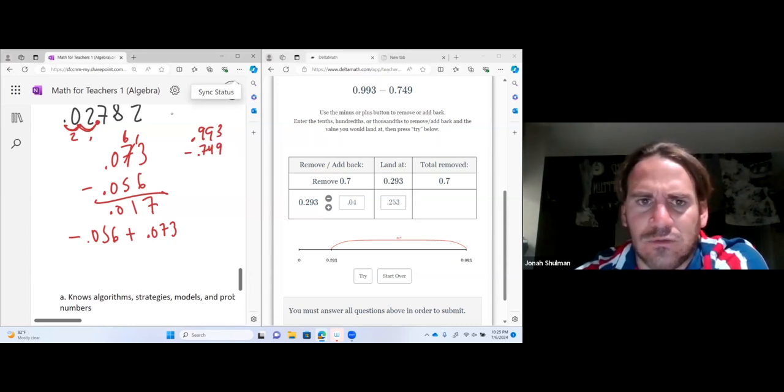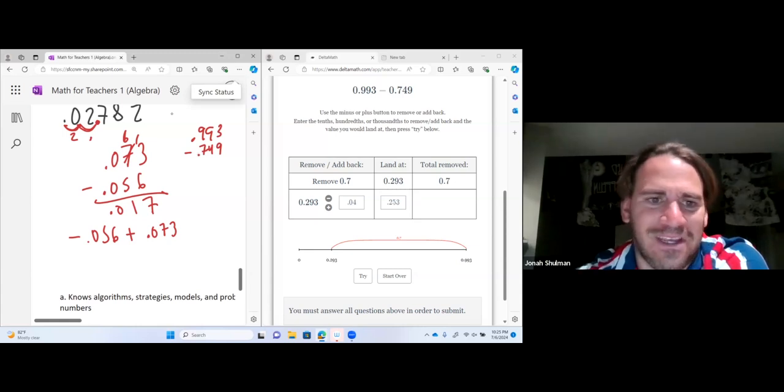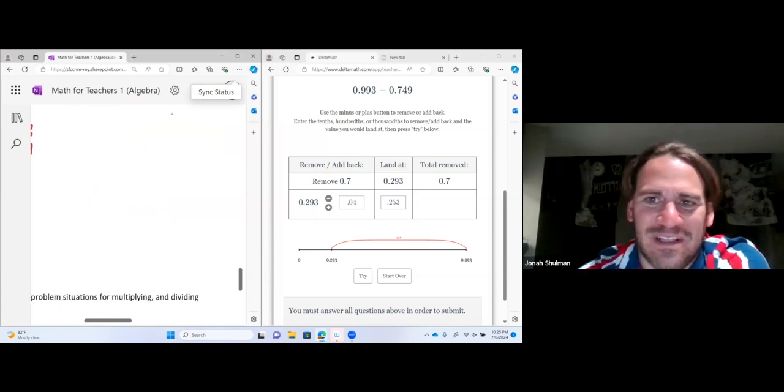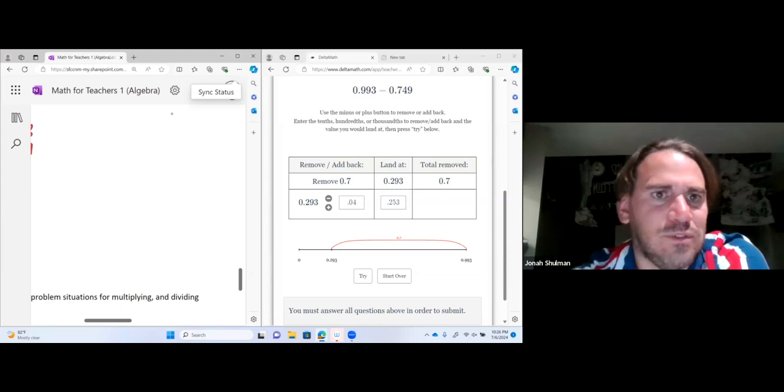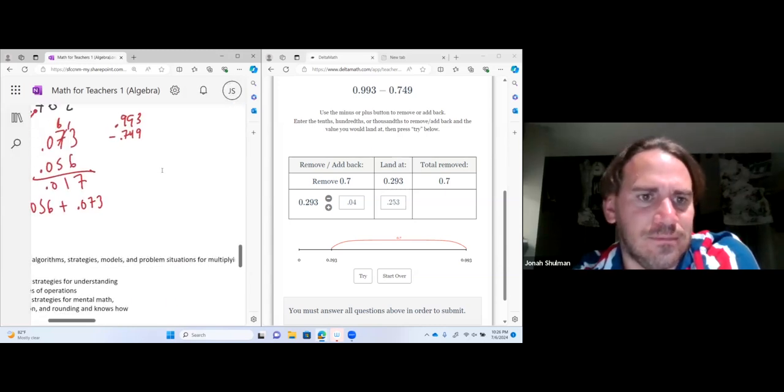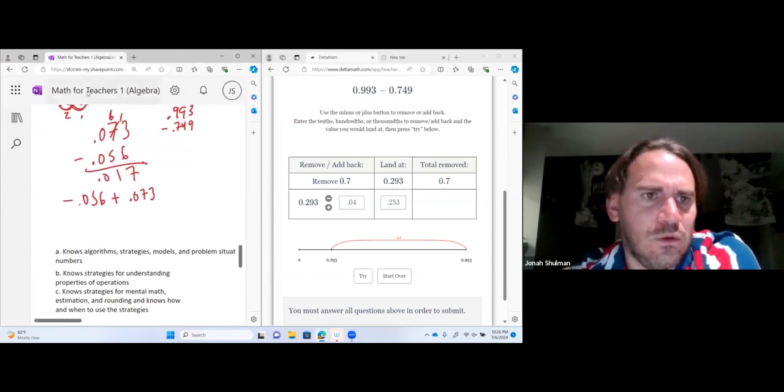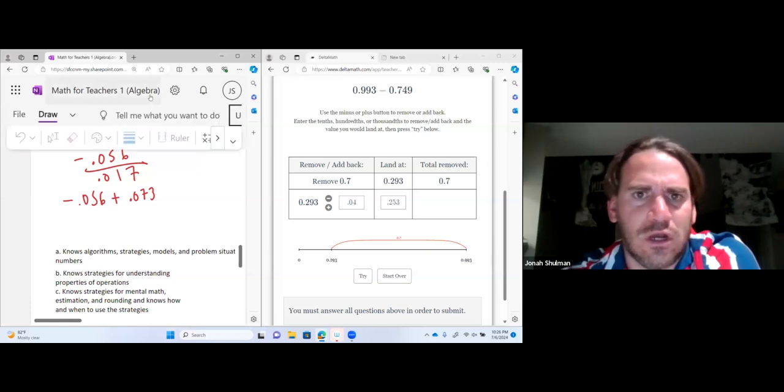So the first thing I did was, okay, let's just move over. 0.99. I don't know why it keeps this. I gotta reload the page, I guess. Oh, it's not letting me draw.